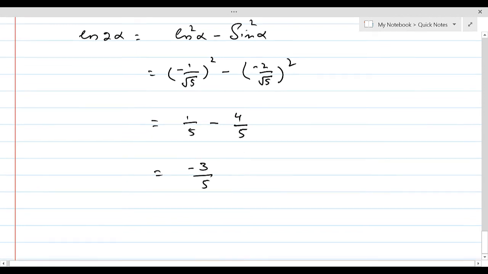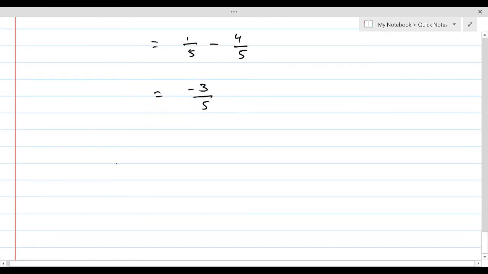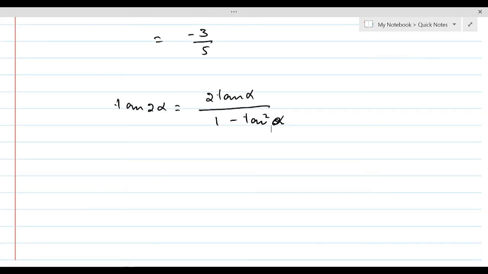And now if we want to find tan 2 alpha, tan 2 alpha is equal to 2 tan alpha over 1 minus tan square alpha. It was given that tan alpha is equal to 2.